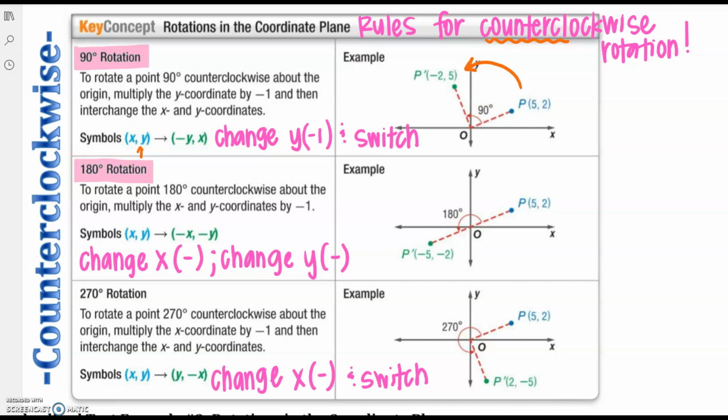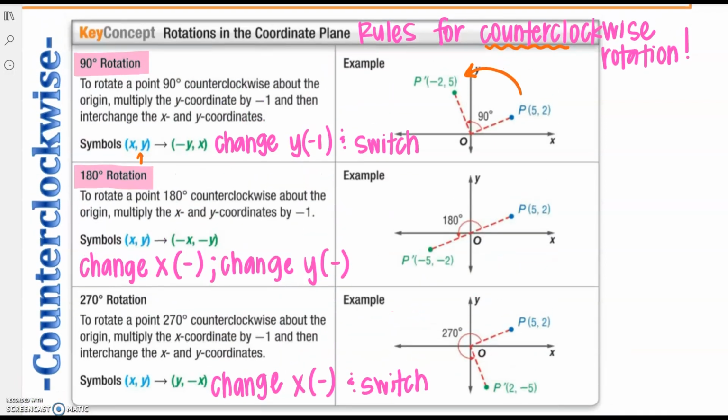180-degree rotation. I am just going to change my Y and change my X value. Again, that is 180-degree rotation, really clockwise or counterclockwise. And then 270 degrees counterclockwise. I'm going to change my X, and then I'm going to flip-flop the two.